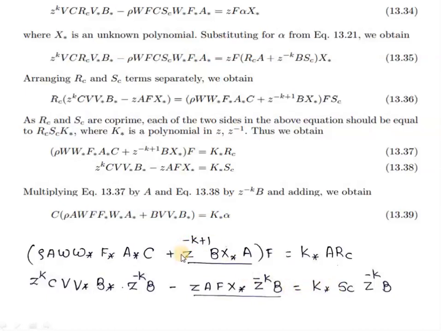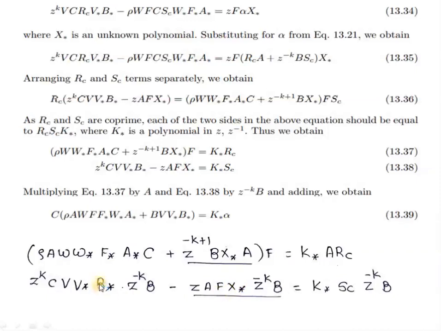While adding the left hand side we remain with this first term and the second term, that is z raised to minus k plus B into B into A, here x star. This also comes as z raised to minus k plus 1, due to this z term. This term is the same as that term, therefore these two terms get cancelled.